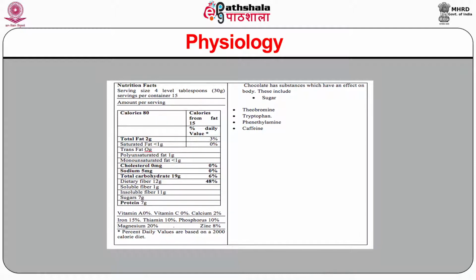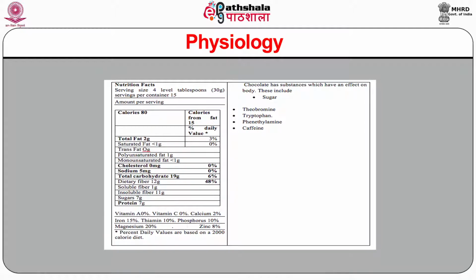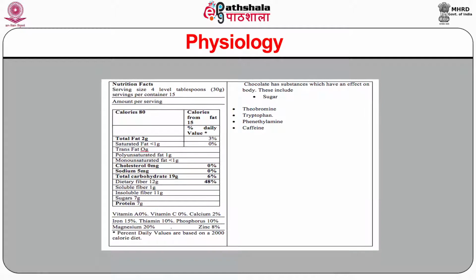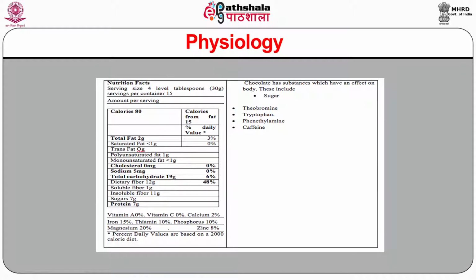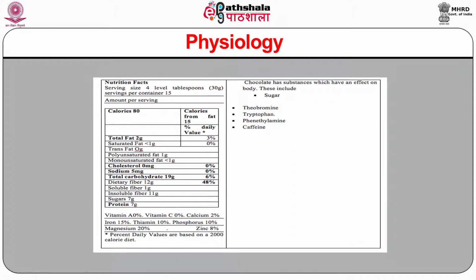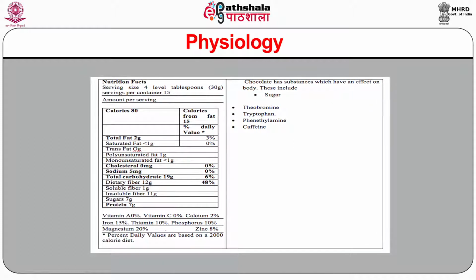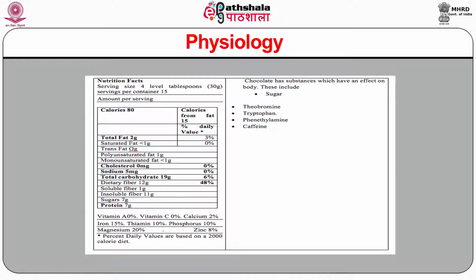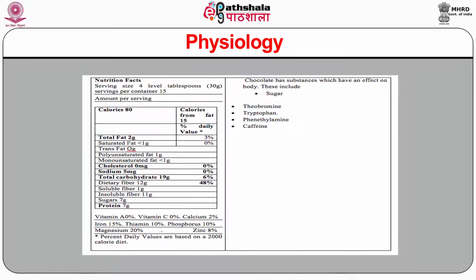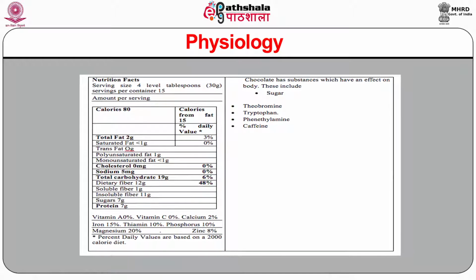Trans fat, 0 gram. Polyunsaturated fat, 1 gram. Monounsaturated fat less than 1 gram. Cholesterol 0 milligram, 0%. Sodium 5 milligram, 0%. Total carbohydrate 19 grams, 6%. Dietary fiber 12 gram, 48%.